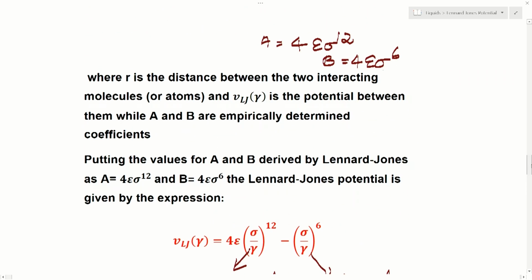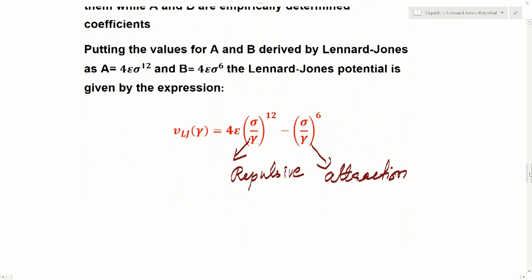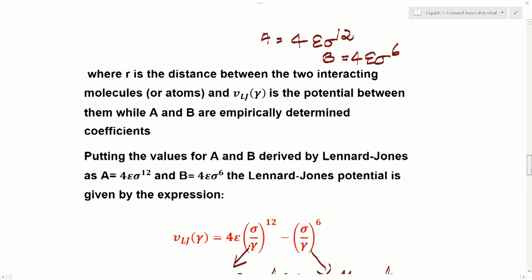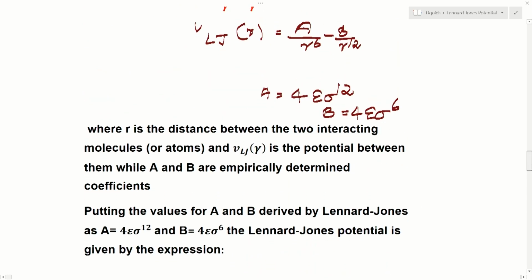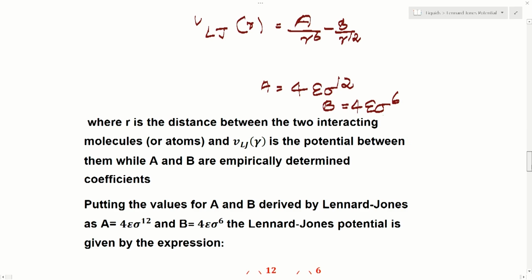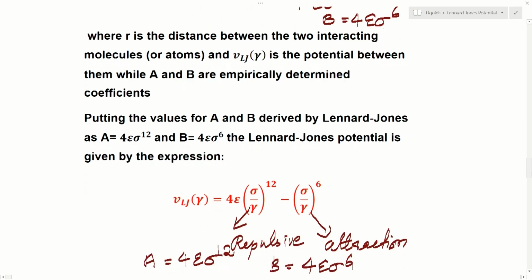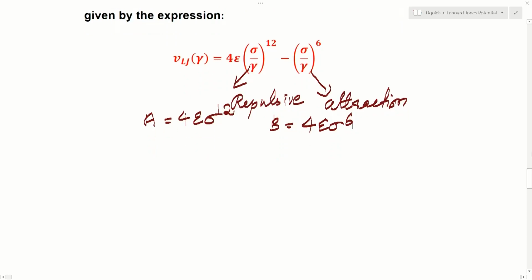Here we saw that A is equal to 4 epsilon sigma power 12 and B is 4 epsilon sigma power 6. So we have to substitute that in this equation, that is V_LJ(r) is equal to A by r power 6 minus B by r power 12.